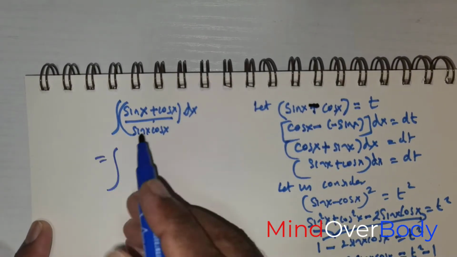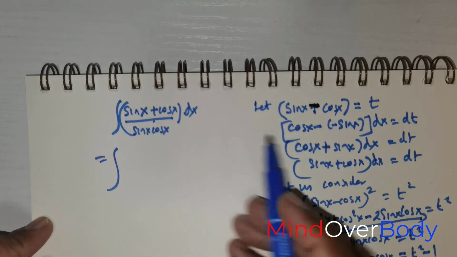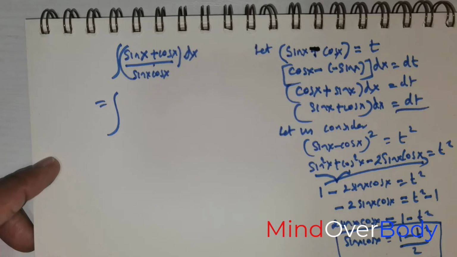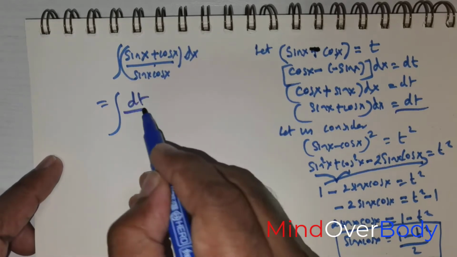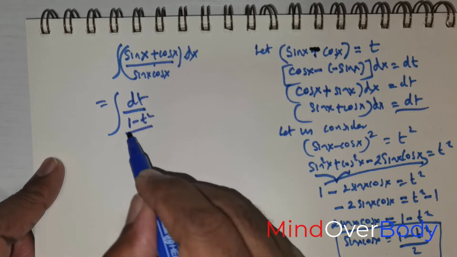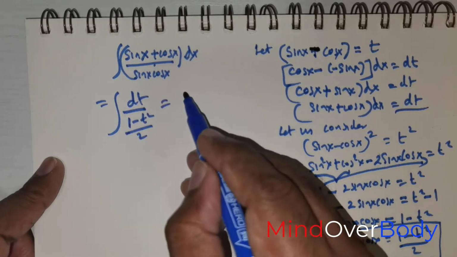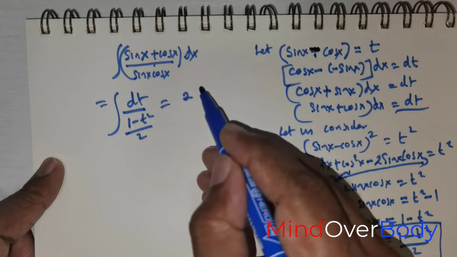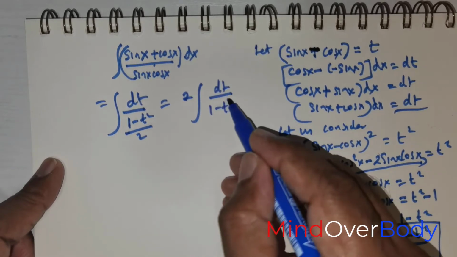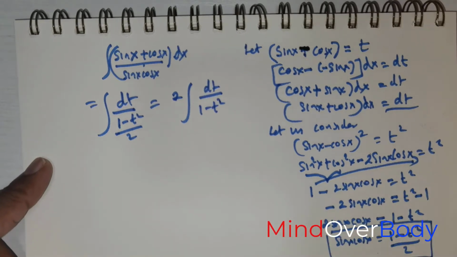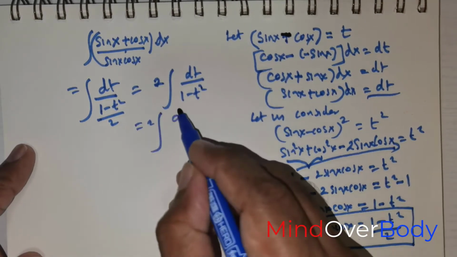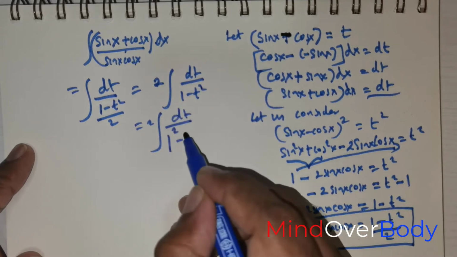In place of (sin x + cos x) times dx, I can substitute dt, and in place of sin x cos x, I substitute (1 − t squared) divided by 2. If I were to flip it, this is going to be 2 times the integral of dt over (1 − t squared). Now I can rewrite this as 2 times the integral of dt over (1 squared − t squared).